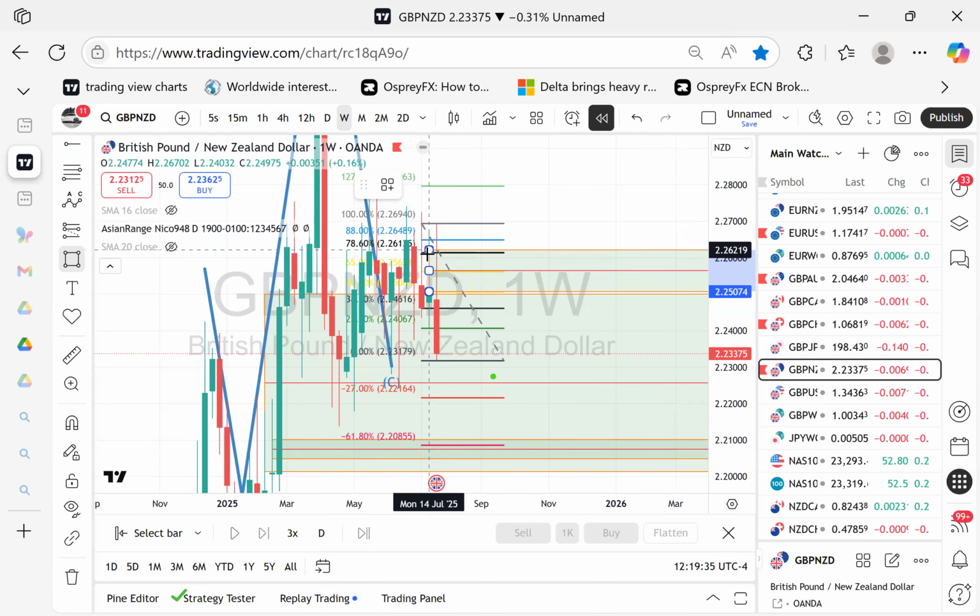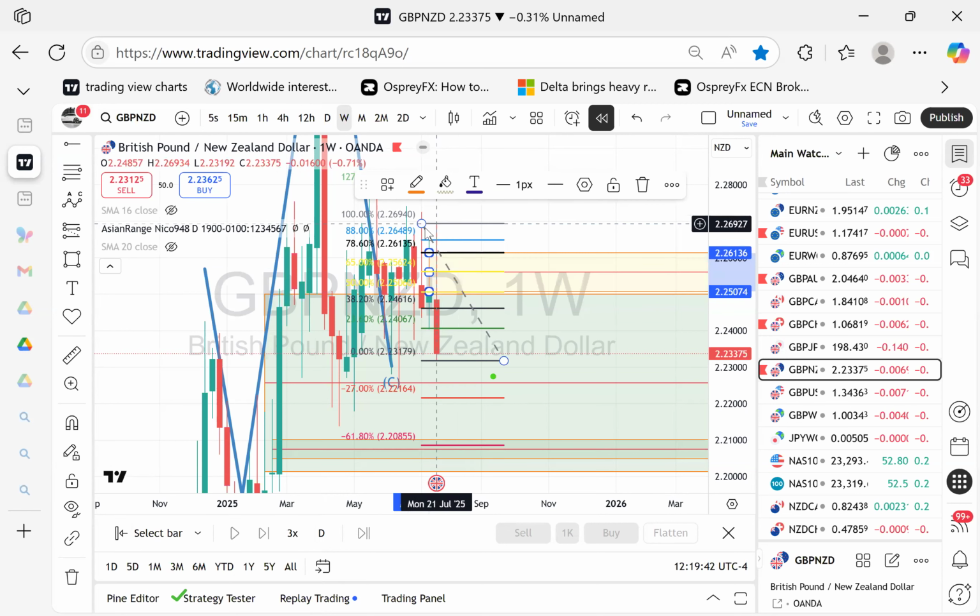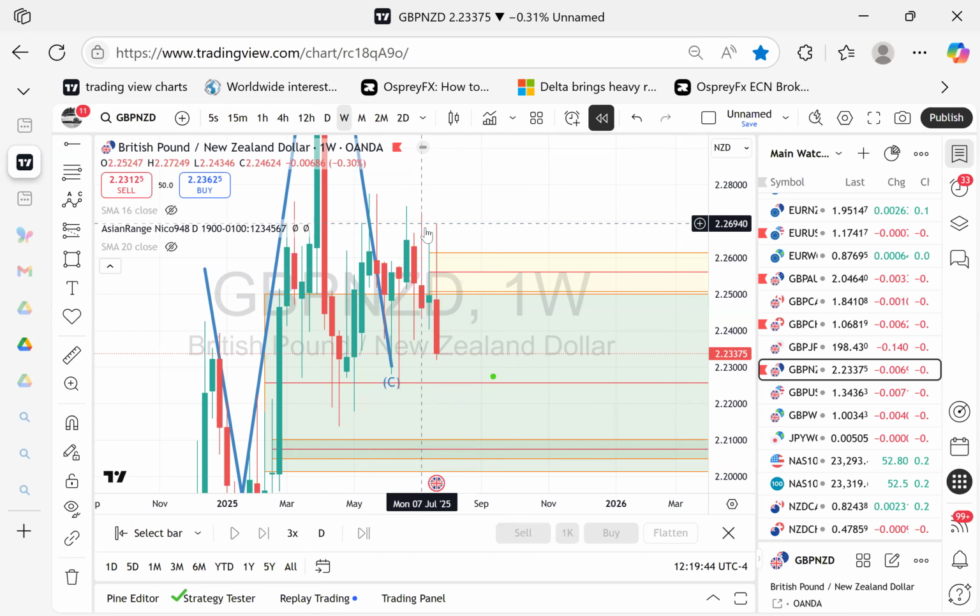Y'all see that? I'm going to change the color because I don't want it to be confusing. I'm going to delete this Fibonacci. Now, I know that if price pulls back to my zone, I can take a trade from here down to this imbalance. Are y'all tracking?